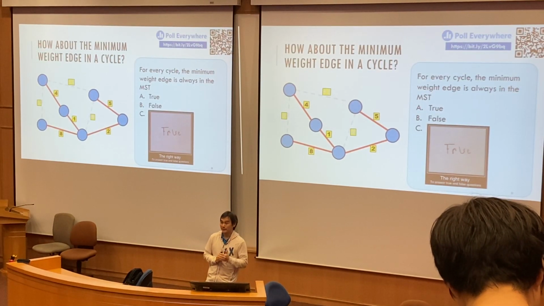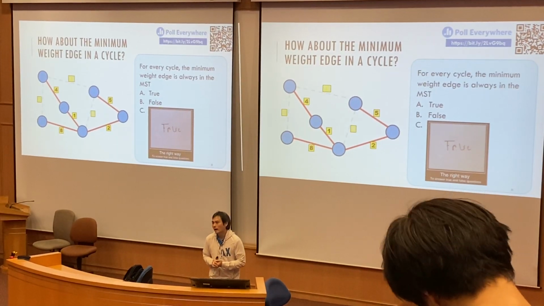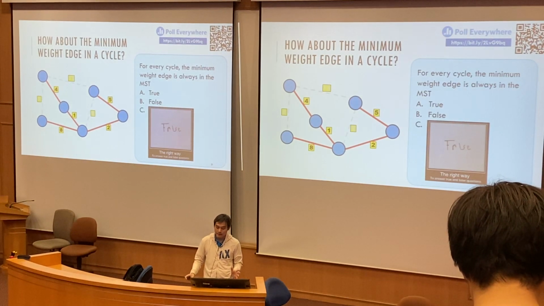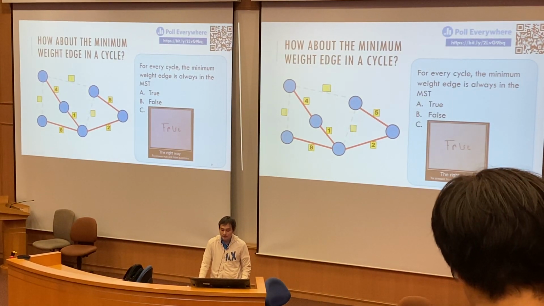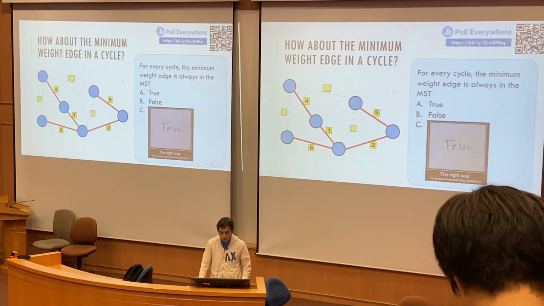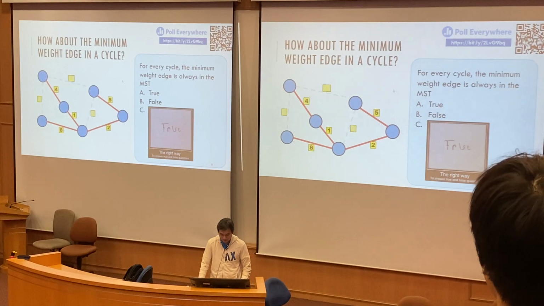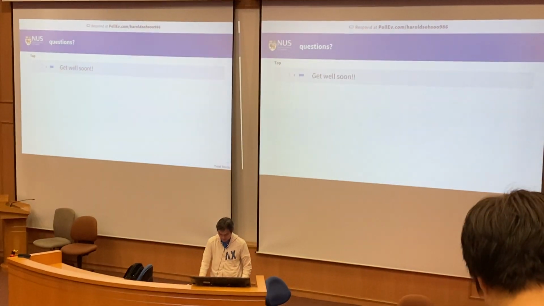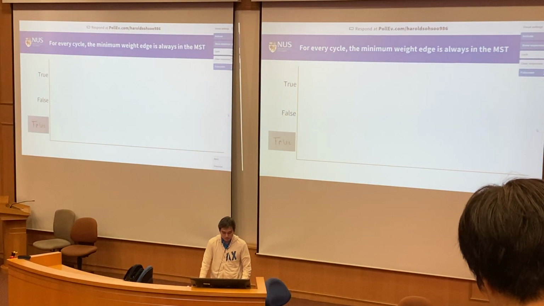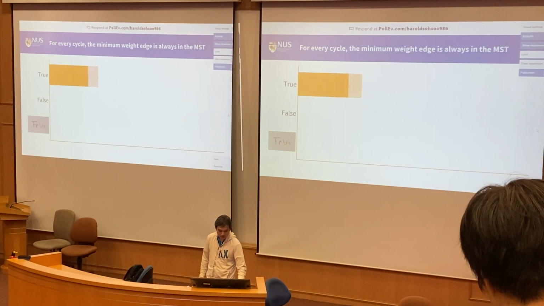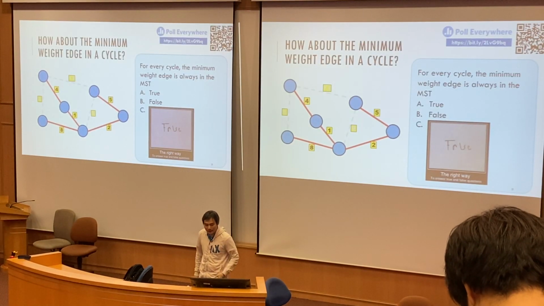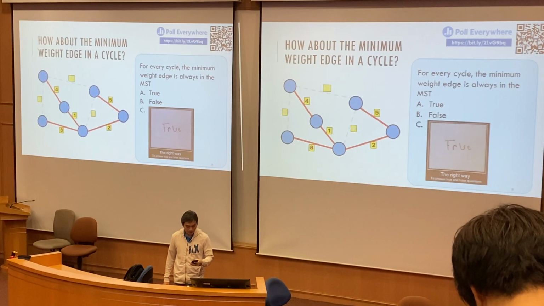So here's a question. We talked about the maximum weight edge in a cycle. How about the minimum? For every cycle, the minimum weight edge is always in the MST. Is that true, false, or something in the middle? Try to think about this. I'll give you 30 seconds to figure it out.